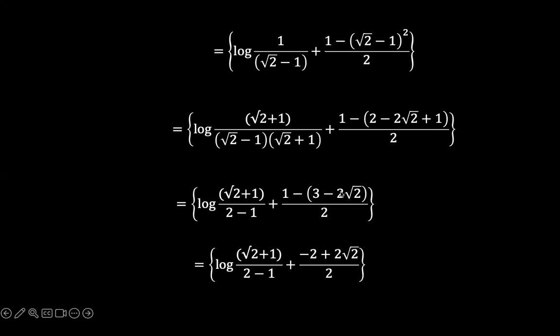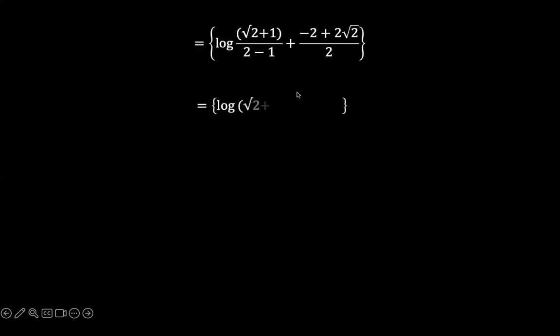Negative, negative, we have positive. So we have 2 root 2, and the 2 and 2 cancel. So eventually, since 2 minus 1 is 1, we have natural logarithm of square root of 2 plus 1, minus 1 plus root 2. And this here, my friends, is the answer that was provided.